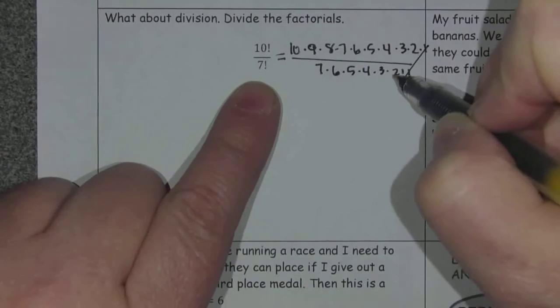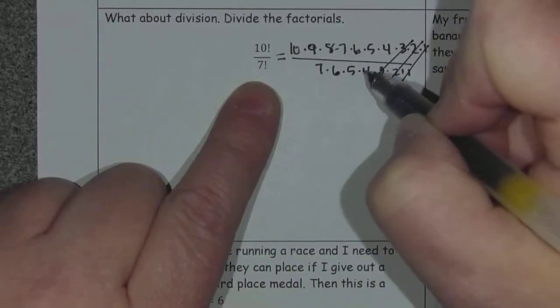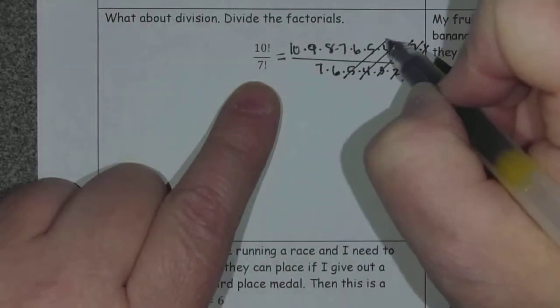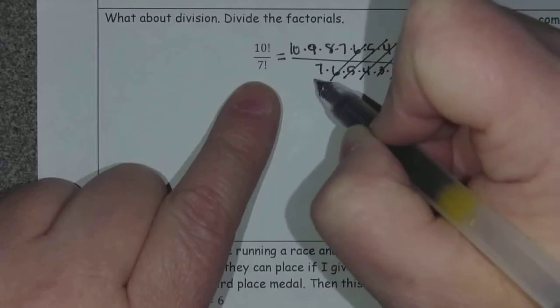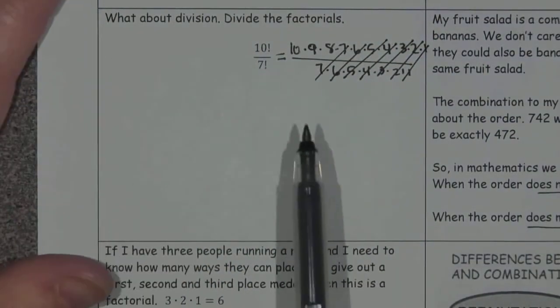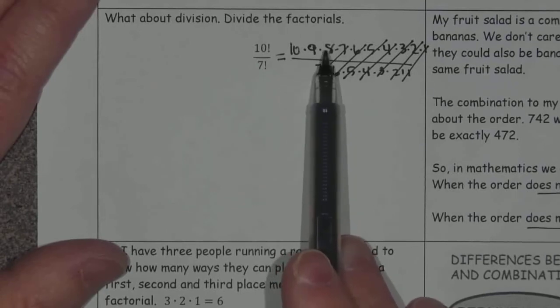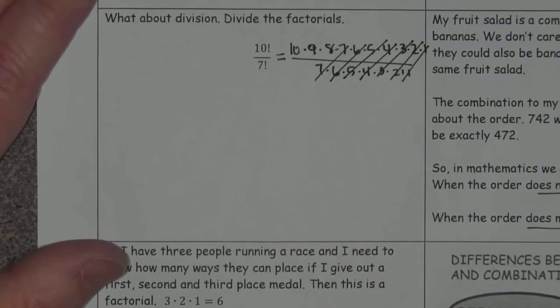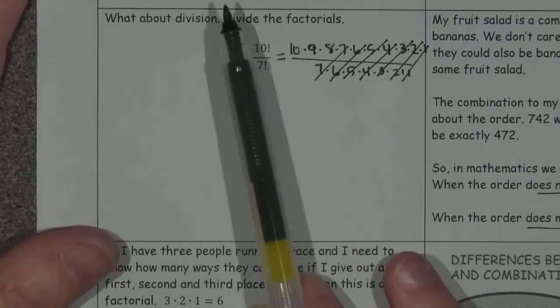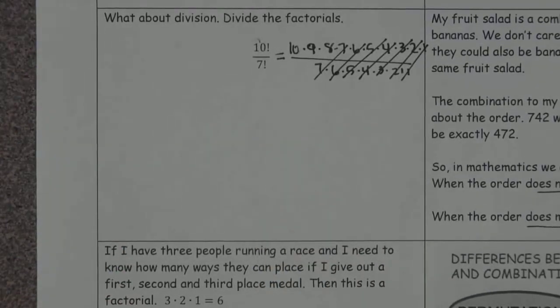Do you see that the 1s will cancel, the 2s will cancel, the 3s will cancel, the 4s will cancel, the 5s will cancel, the 6s will cancel, and the 7s will cancel. So really on the top, all I have is 8 times 9 times 10. But again, you can punch this on your calculator, and what did it give you for the answer?